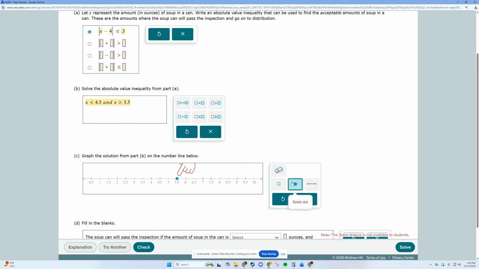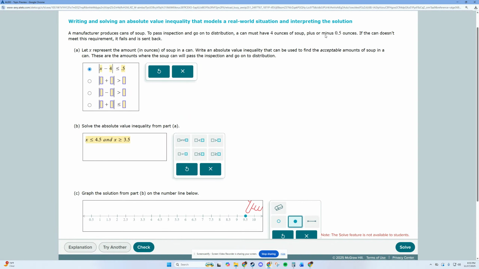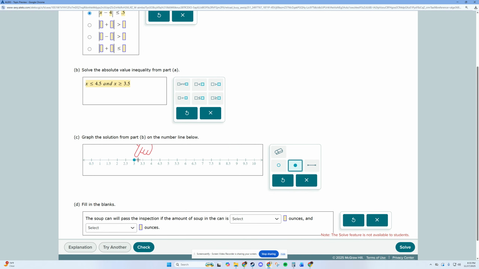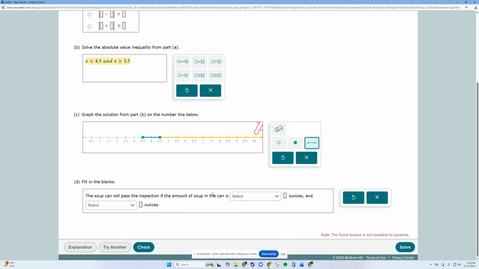Okay, then I have, and it can equal it, plus or minus. Suitable capacity inspection if it is greater than or equal to the bottom one and less than or equal to the top one.